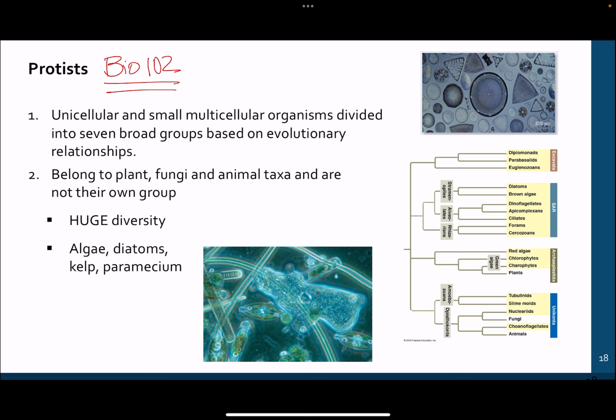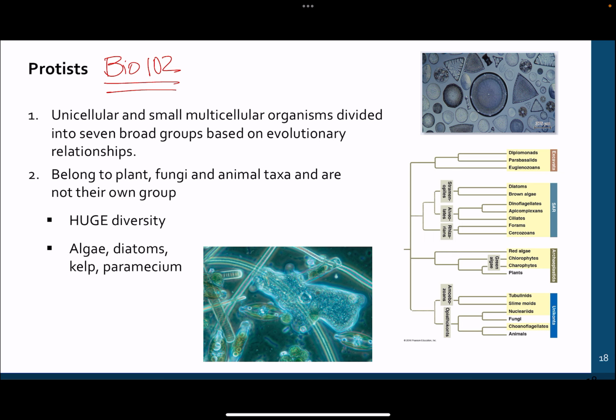But some of the things that you might recognize are algae and kelp. Kelp is basically just really big algae. Those are both protists. Diatoms, if you have seen these, you know what they are. They're little teeny tiny aquatic creatures that are super cool looking. They take on all kinds of shapes and sizes and things like that.